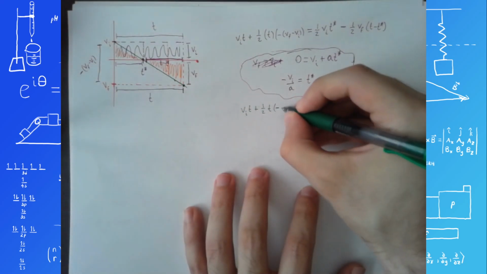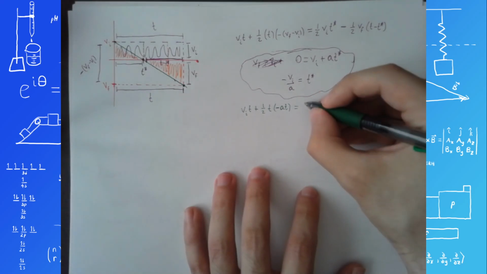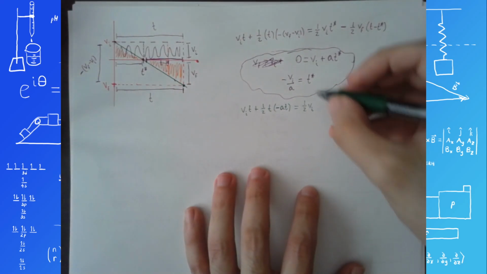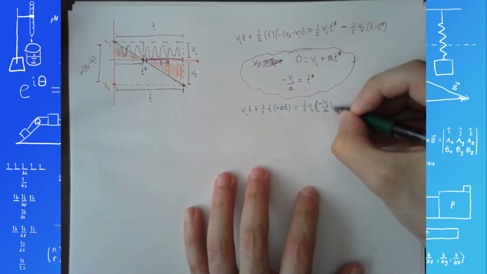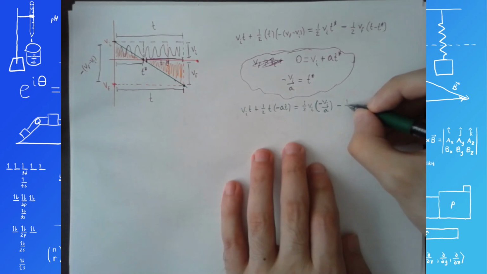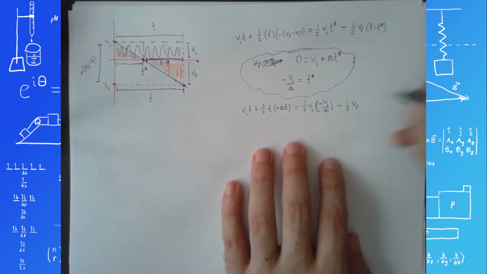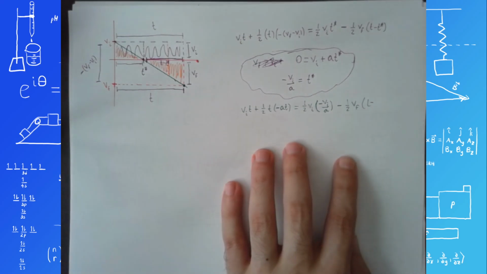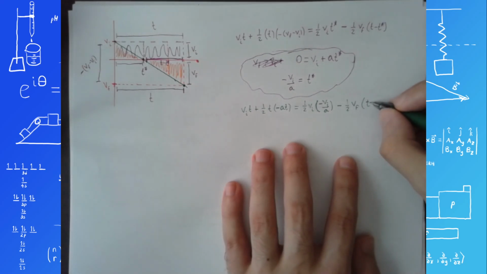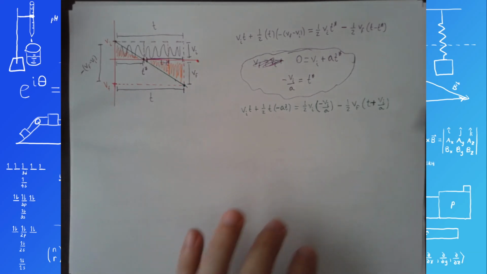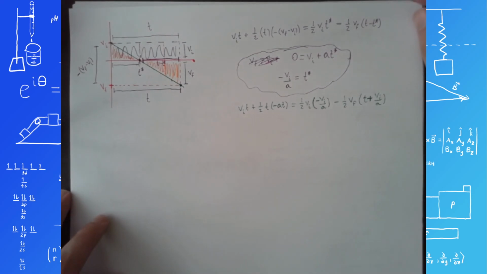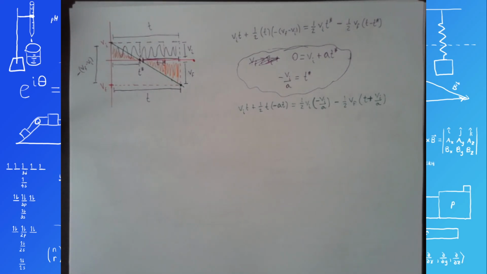So this is just going to be negative at, equals 1/2 v initial times t star, which I now know is negative v initial over a, minus 1/2 v final times t minus t star, which is going to be t plus v initial over a. I have a feeling I might have screwed something up along the way here, but we will see what we get. And if I don't get anything that makes sense, I will tinker around with this later and have an answer next week or sooner.